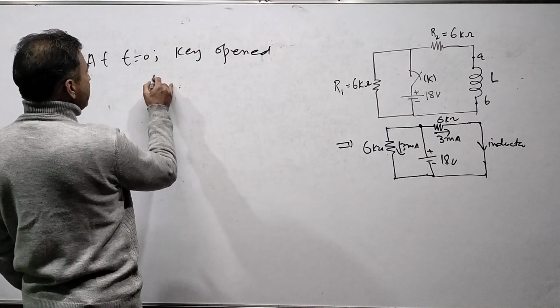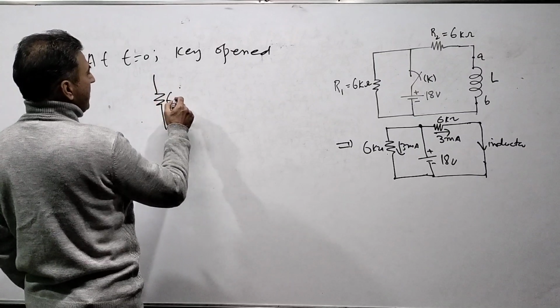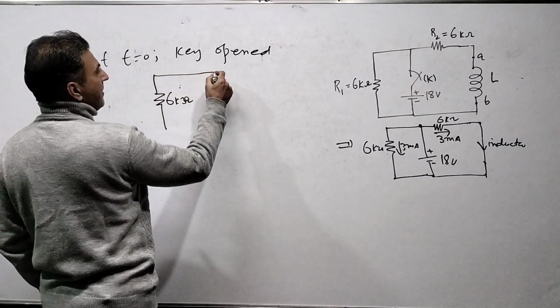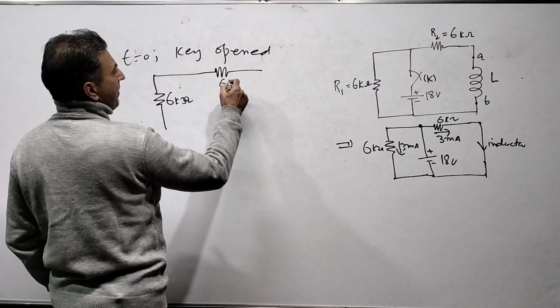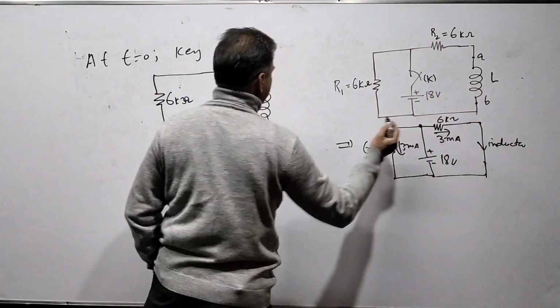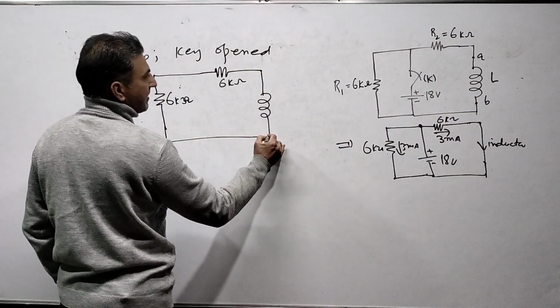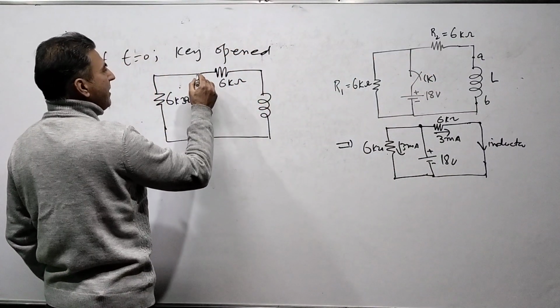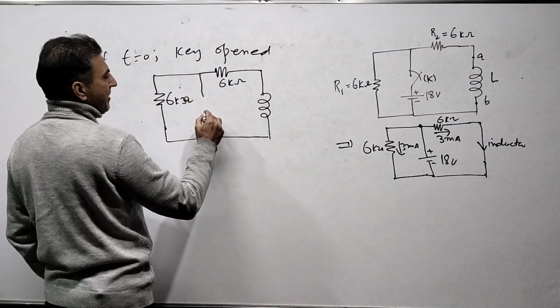The circuit is like this. It is 6 kilo ohm, and it is 6 kilo ohm. Here it is the inductor, and like this. Because now the key is opened, the battery goes. Okay, let me make it. The battery is like this.